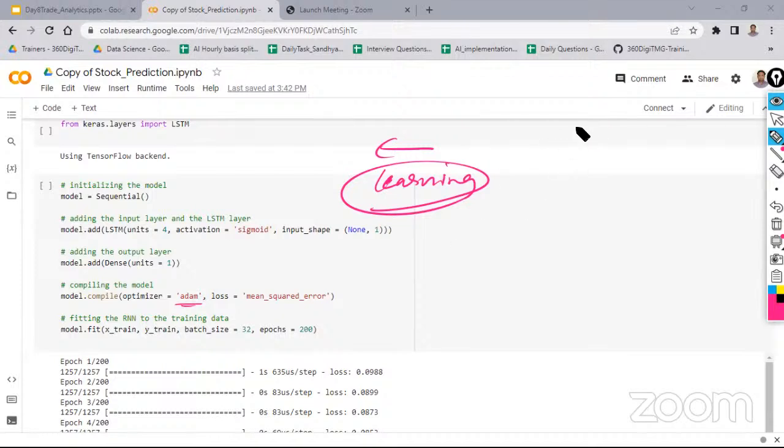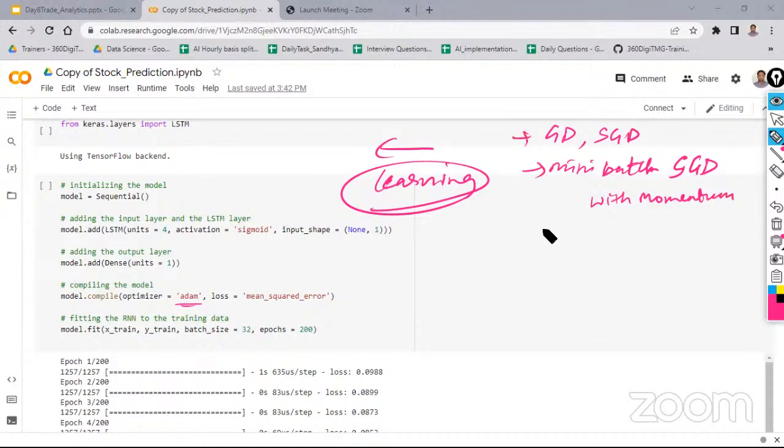So we have different optimizers like gradient descent, stochastic gradient descent, mini batch stochastic gradient descent, I'm so sorry. Stochastic gradient descent with momentum is also there.